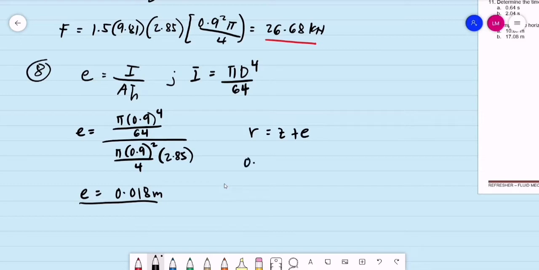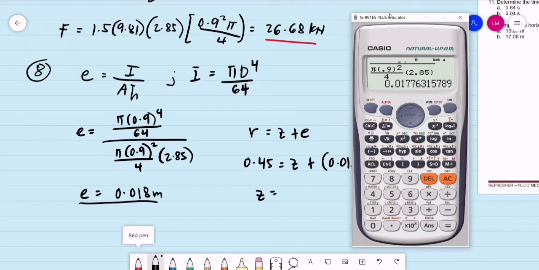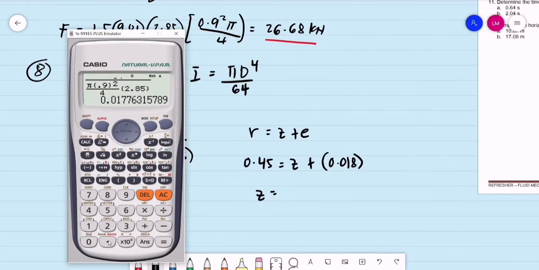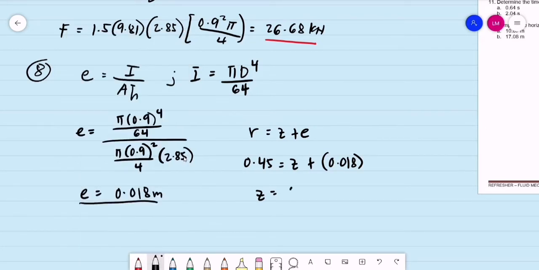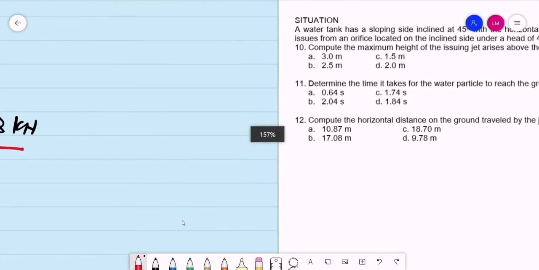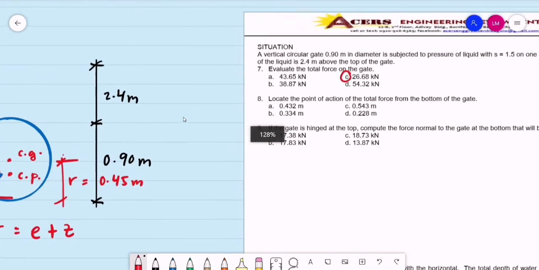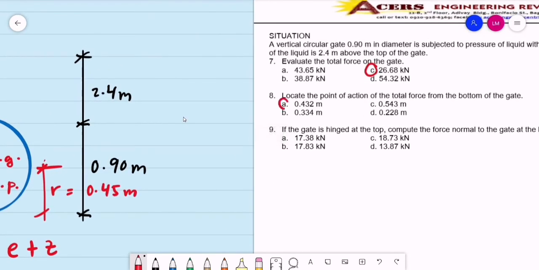The radius of the gate is 0.45 equal to z plus yung e na na-compute natin, 0.018 meter. So, we have the value of z is now equal to 0.45 minus 0.018. That is 0.432 meter. Check natin ito sa question number 8. Okay, so 0.432, that will be letter A tayo.